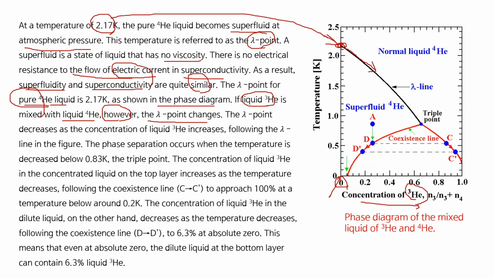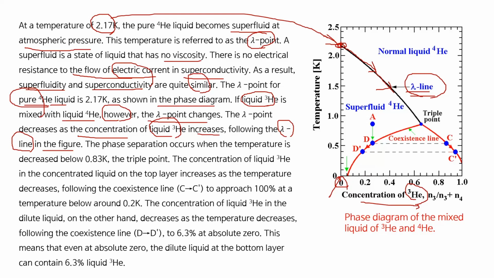The lambda point decreases as the concentration of liquid helium-3 increases, following the lambda line in the figure. This lambda line. So as the concentration of liquid helium-3 increases, the superfluid transition temperature is decreasing in this way, following the lambda line.